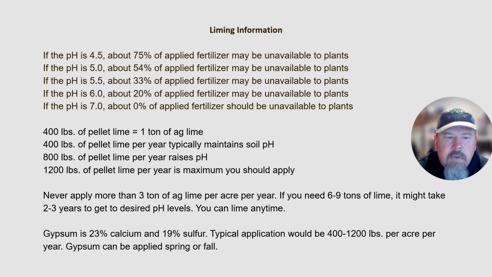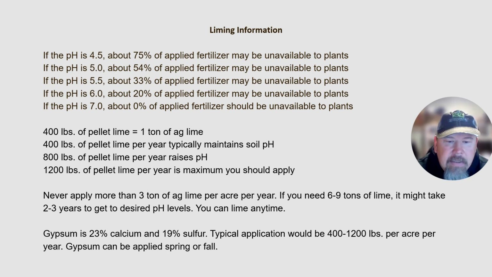General rules of thumb: 400 pounds of pellet lime equals 1 ton of ag lime, and 400 pounds of pellet lime per year usually gets you to maintain the pH that you're currently at. 800 pounds of pellet lime will raise the pH, and you shouldn't apply more than 1,200 pounds of pellet lime per year.